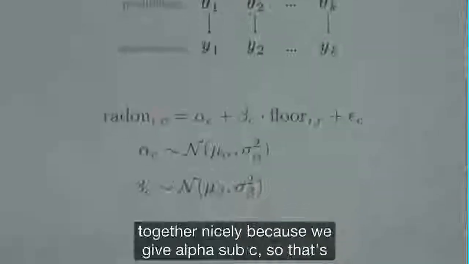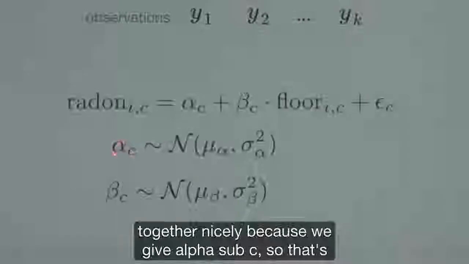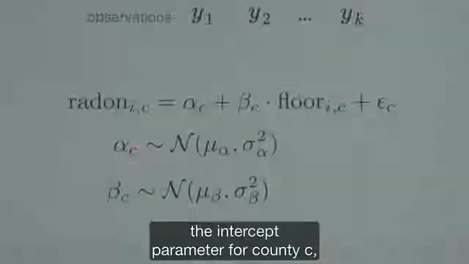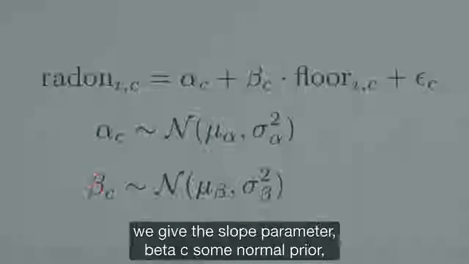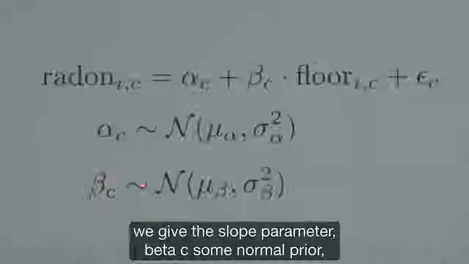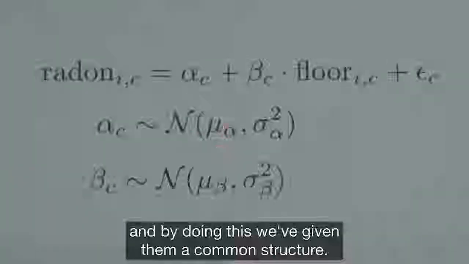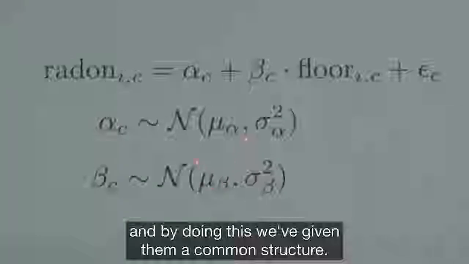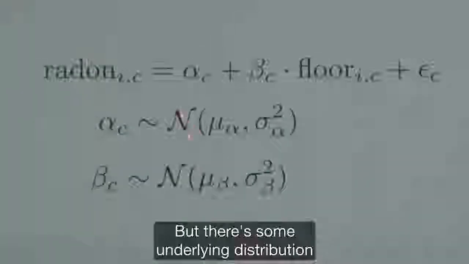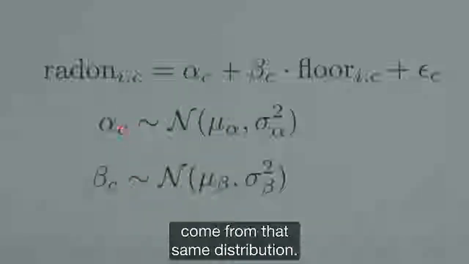And so this is why Bayesian and hierarchical go together nicely, because we give alpha sub c, the intercept parameter for county C, some normal prior, and then we give the slope parameter, beta c, some normal prior. And by doing this, we've given them a common structure, that there's some underlying distribution for these parameters, and they all come from that same distribution.